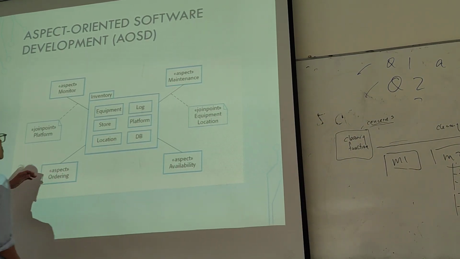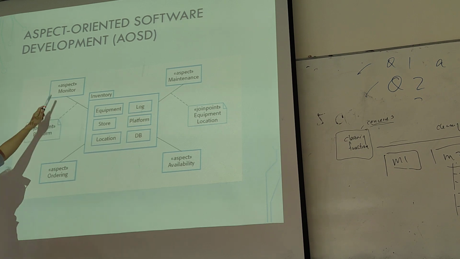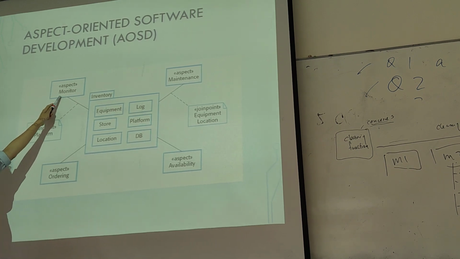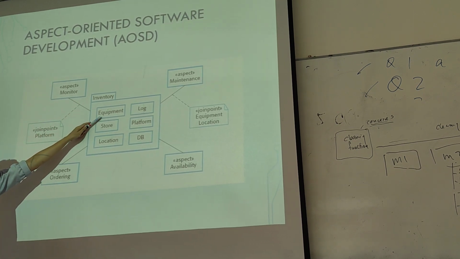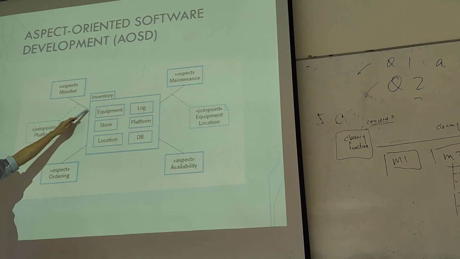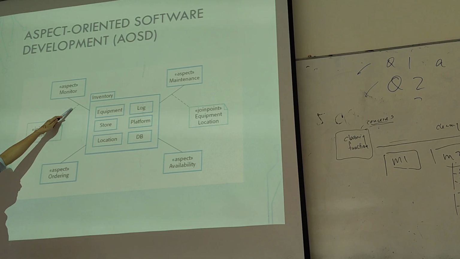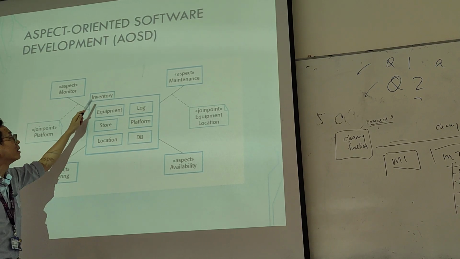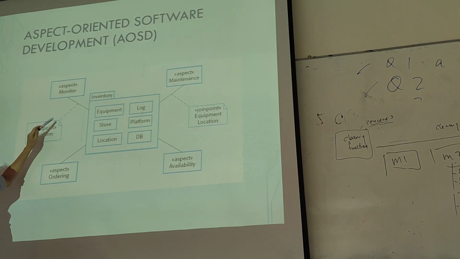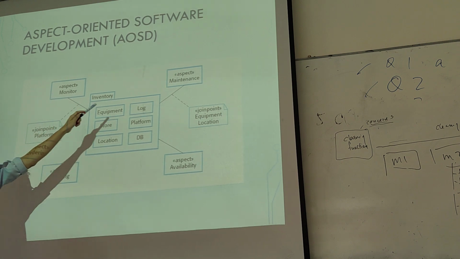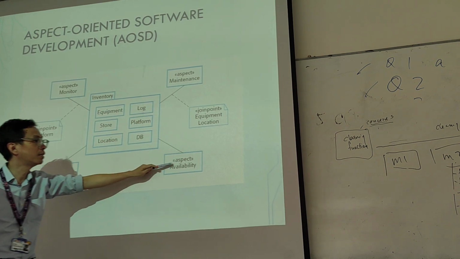An aspect monitors the inventory process, separated out. Join point: this is a point where the platform is joining here.